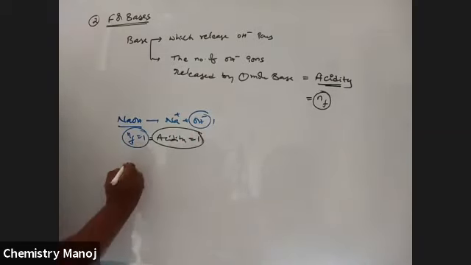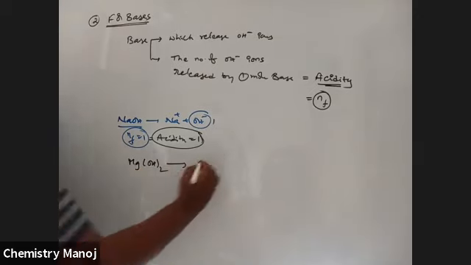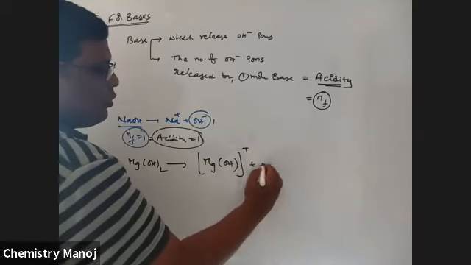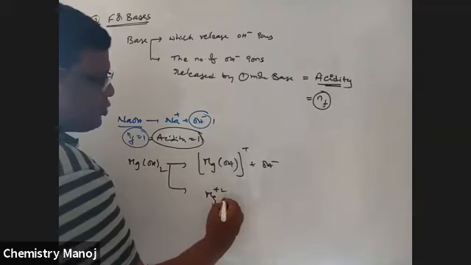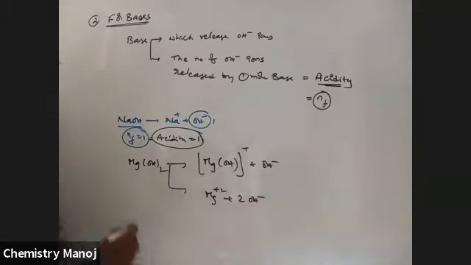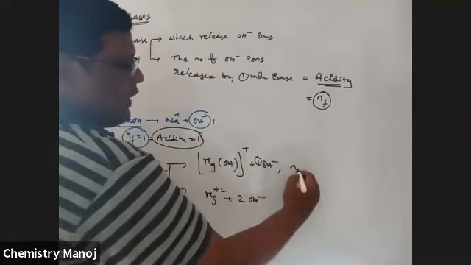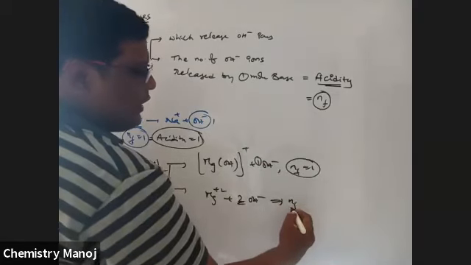Next, see here, Mg(OH)2. It breaks down as MgOH plus ion and OH minus ion, or it may break as Mg 2 plus ion and 2 OH minus ions. In the first case, only 1 OH minus ion is released, therefore n factor is equal to 1. In the second case, 2 OH minus ions are released, therefore n factor is equal to 2.